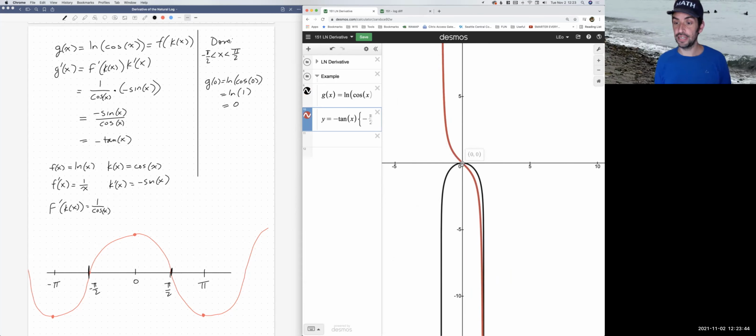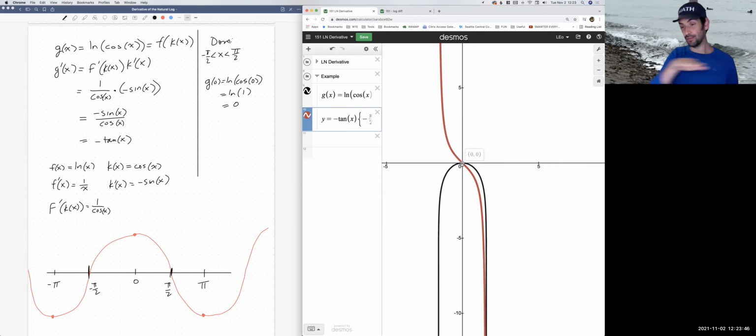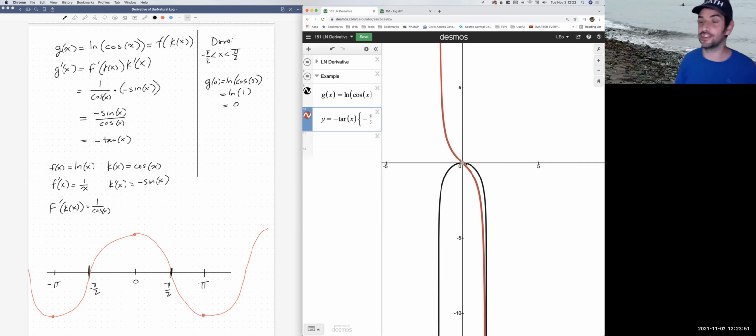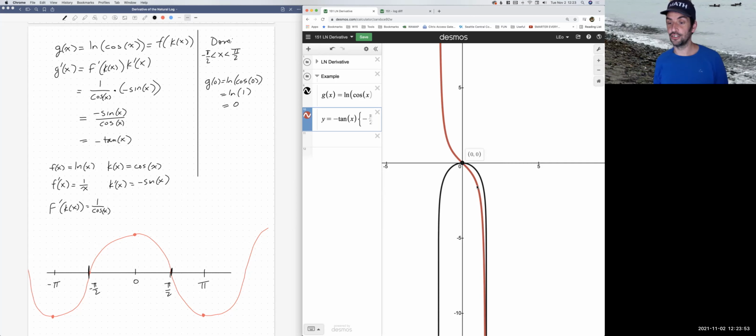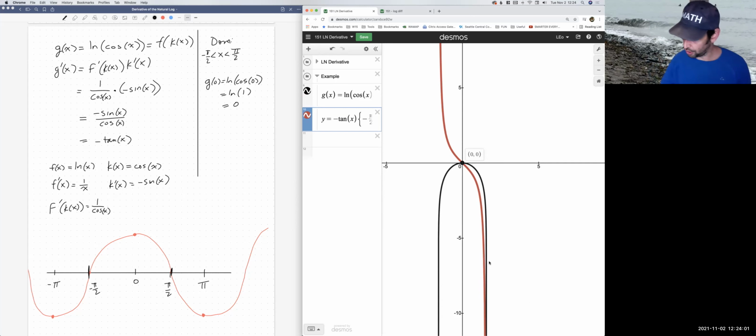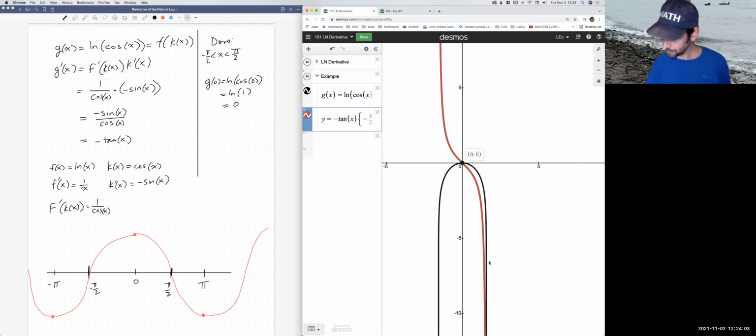Right here in the middle, this function and its derivative spit out 0, and you can imagine a horizontal tangent line there. Then as we crest and go down the other side of the hill, we get very large negative tangent lines, and so tangent is giving us very large negative numbers. Okay, so it matches our intuitions.